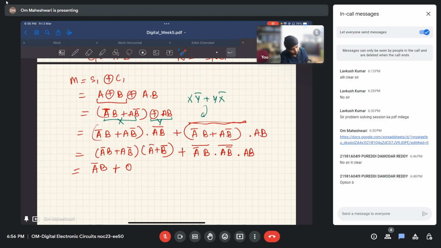If we multiply this and this, that is 0. And if we multiply this and this, that is AB bar. Okay. Plus, if we expand this also, A plus B bar, A bar plus B dot AB.